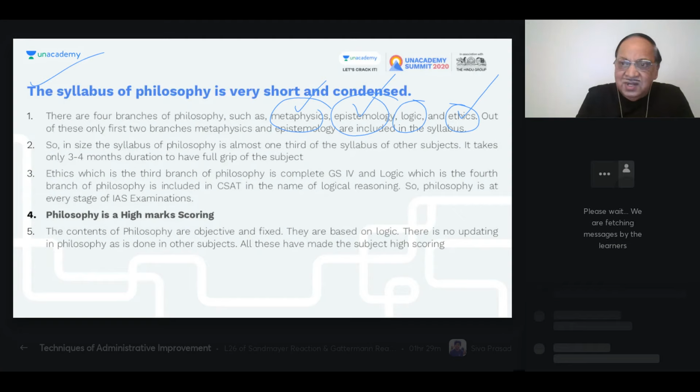So what you find is that in every chapter you will have that idea of philosophy, and every philosopher, every philosophical system which you will be studying in the syllabus, that philosophical system will also speak on those ethical ideas which are included in the GS4 paper. So this is the first thing that you find here.